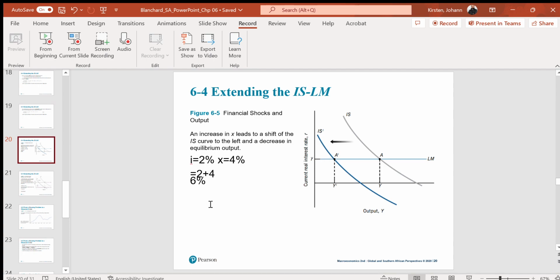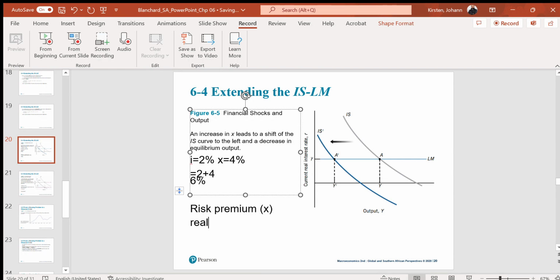But for me, one of the most important things to understand, and I'll just summarize it here, is the risk premium. Now the risk premium, which is X, is tied to your real interest rate. Your real interest rate plus your X, your risk premium, is really what consumers and investors consider.